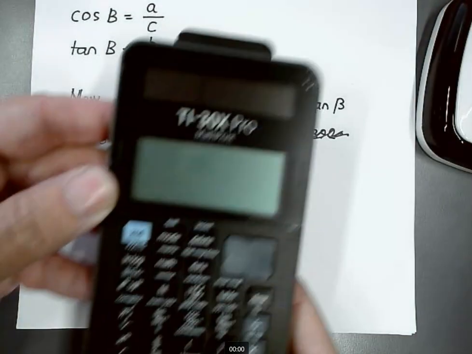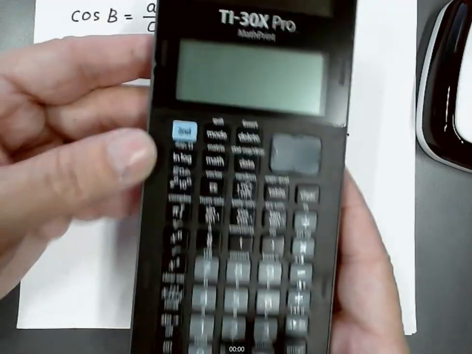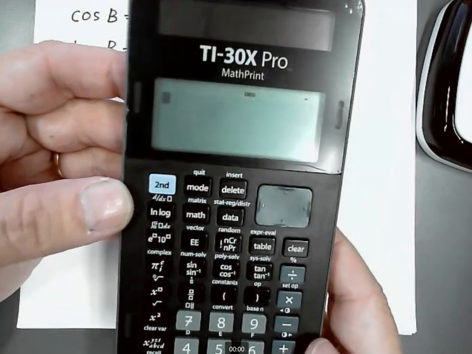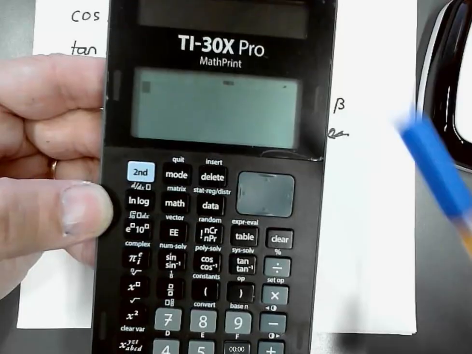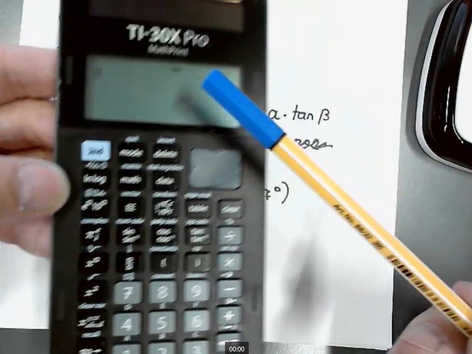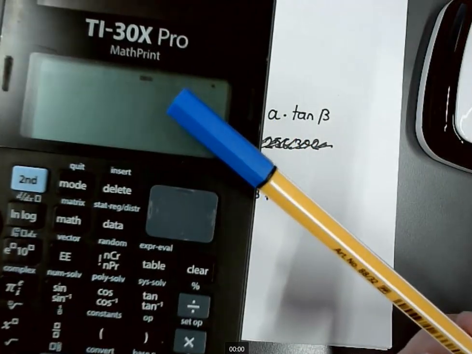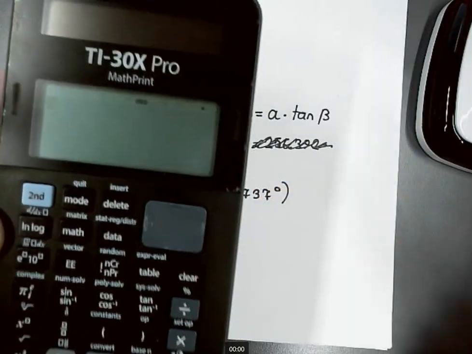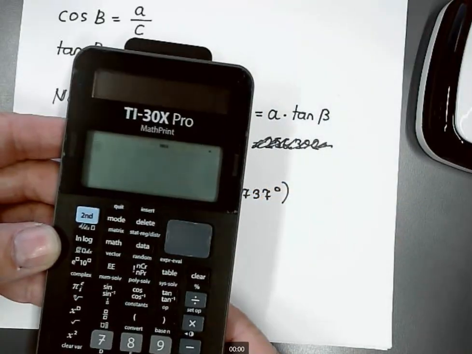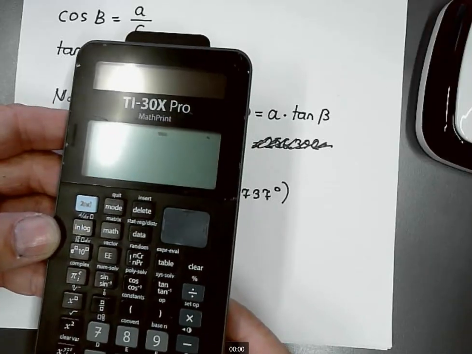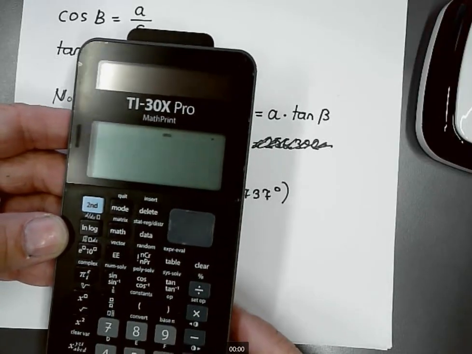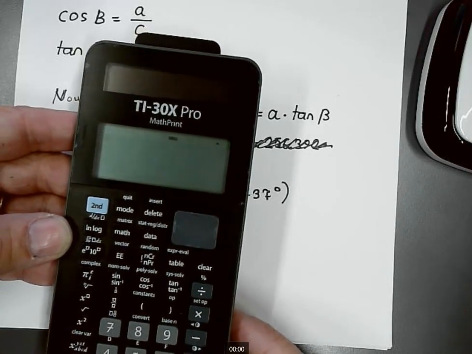I also have this kind of calculator here. I will check how this works. Yes, the unit is shown there in the top part of the screen. Sorry, I can't show it very clearly with my camera, but there it shows degree.